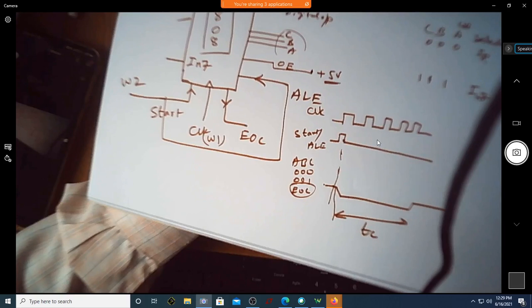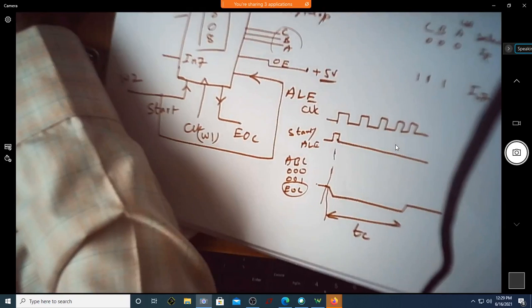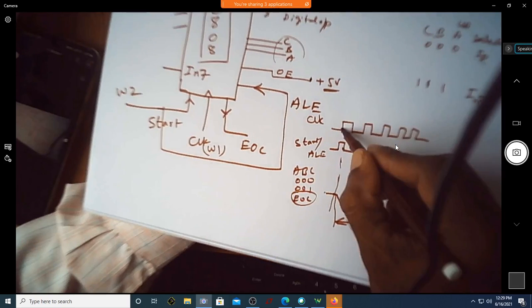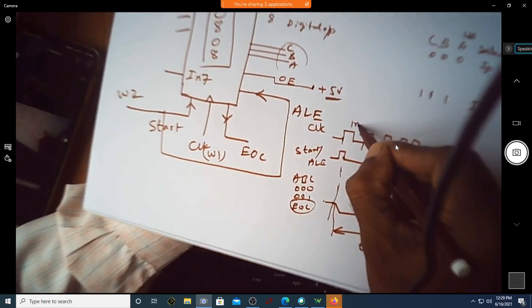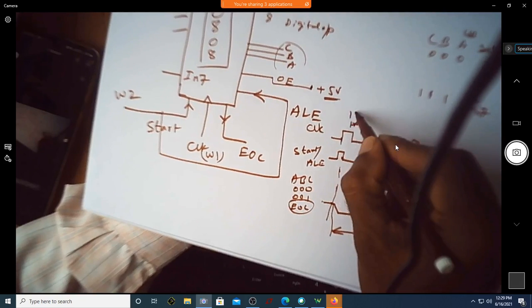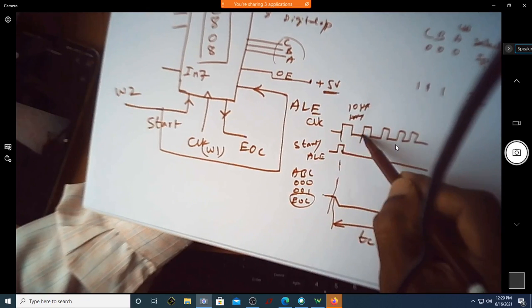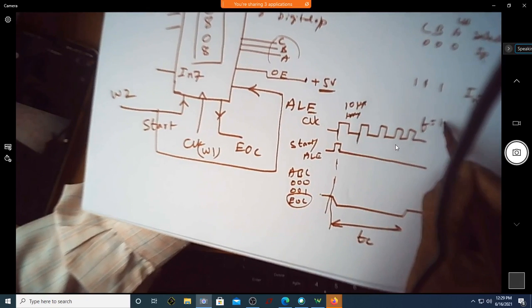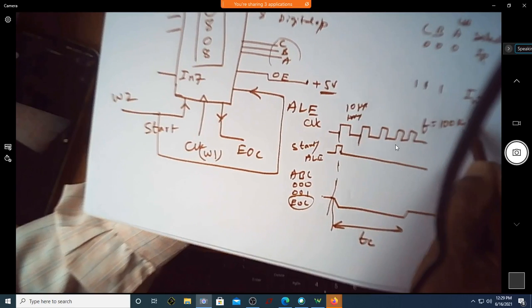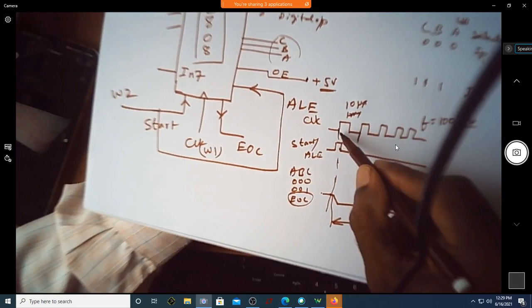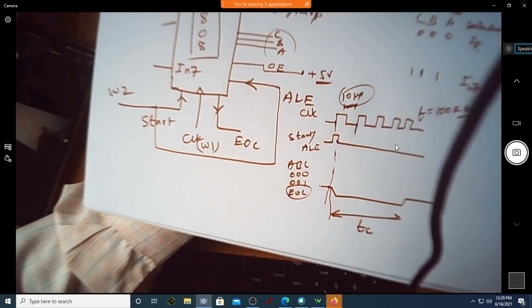So how do we generate such a signal? Now you can see this is 1 millisecond. Sorry, this is actually 10 microsecond. Why is it 10 microsecond? The frequency of the clock is 100 kilohertz, so for one period it is 10 microsecond.